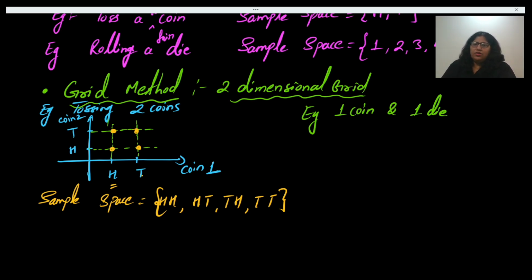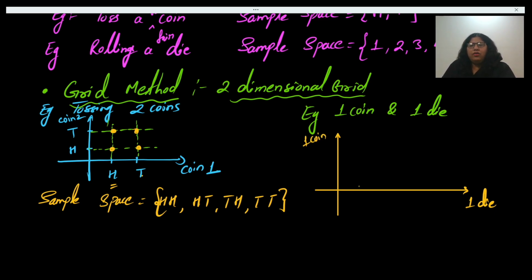Let me draw the x-axis first and then the y-axis. Either you can take the coin on the x-axis or the die on the x-axis. I'm taking the die on the x-axis and the coin on the y-axis; you can also swap them.